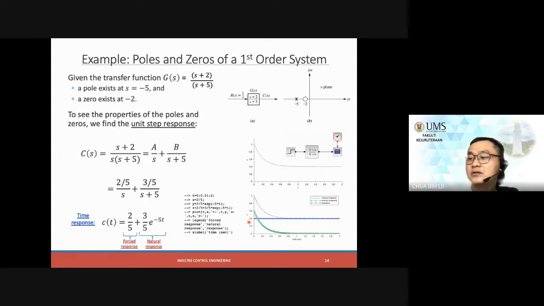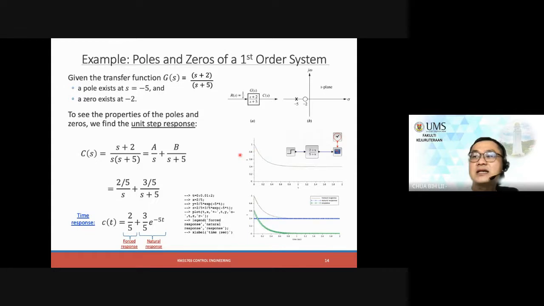This is what governs the steady state, or the forced response. Whereas the natural response will die off once we reach the steady state. It comes from 0.6, then slowly drops until it becomes zero. When we total up the forced response and the natural response together, you will see this red line, which corresponds to this particular line.